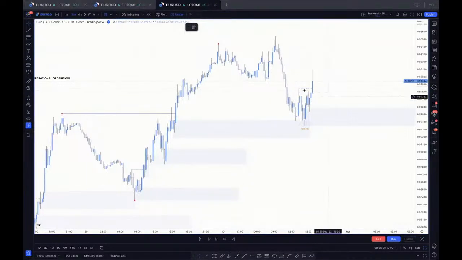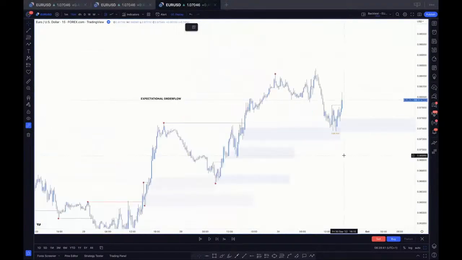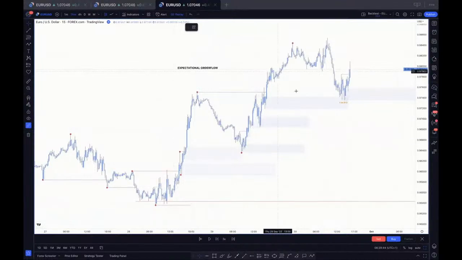Now, what are the expectations? When there's a change of character, it's telling us that probably this pullback is being exhausted, it's coming to an end, and the market is now ready to make a new higher high. Remember, the 15 minutes has been bullish, right?